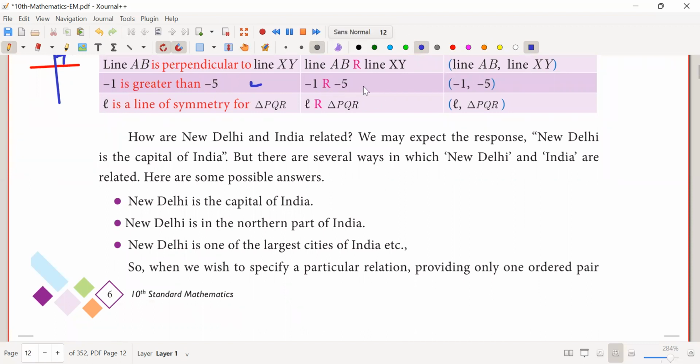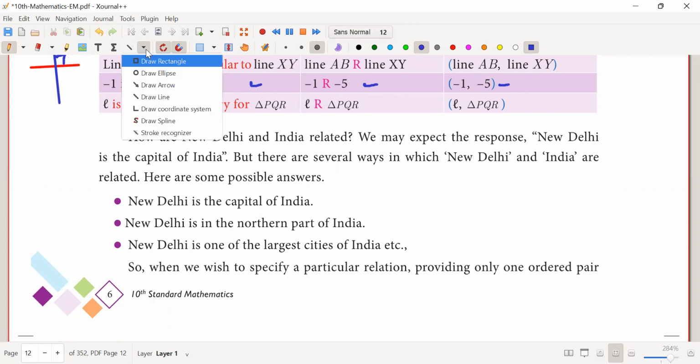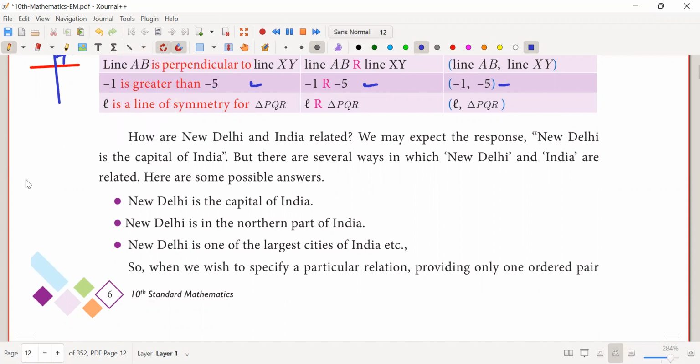So minus 1 is related to minus 5. L is a line of symmetry of PQR. What is a line of symmetry? Symmetry is where we divide a shape.